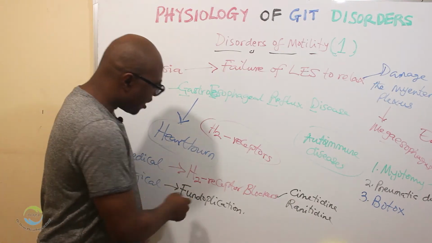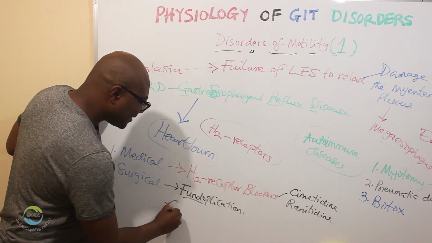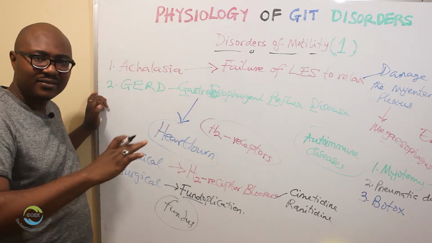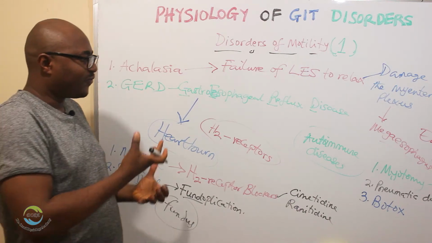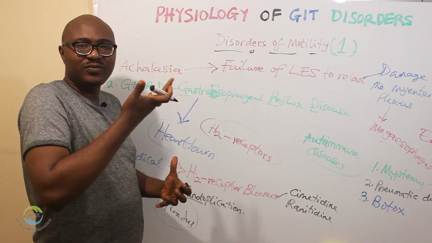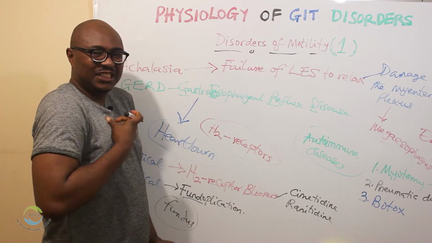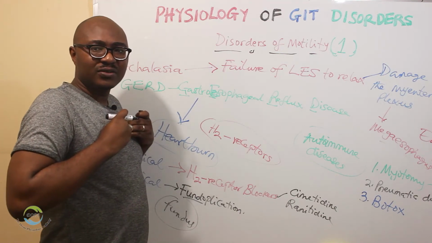And this is from the word fundoplication. Remember that the stomach is divided into different parts: pyloric part, antrum, and fundus. So the fundus is the upper part of the stomach. So fundoplication simply means attaching the upper part of the stomach to the esophagus.